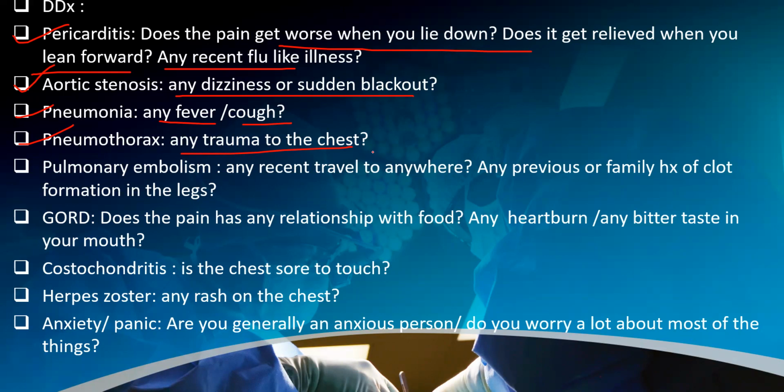Pneumothorax again has the same chest pain and difficulty in breathing, which you already asked. For pulmonary embolism, any recent travel anywhere? Do you have any previous history of clot in your legs or lungs? Any family history of clotting disorder? Pulmonary embolism also has the same chest pain, shortness of breath, tachycardia, or palpitation. So that's your lung-related causes, which is done.